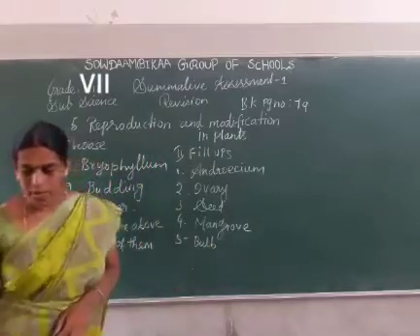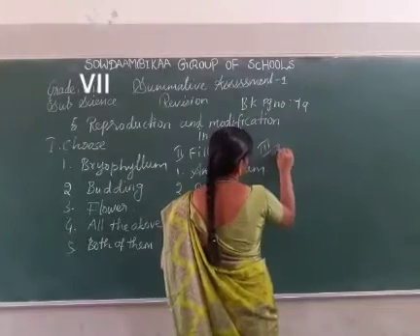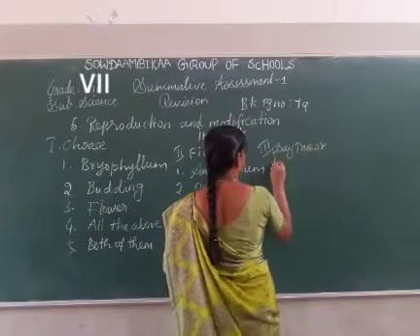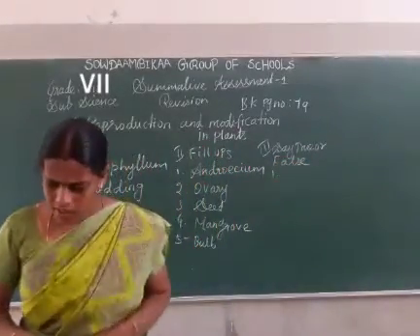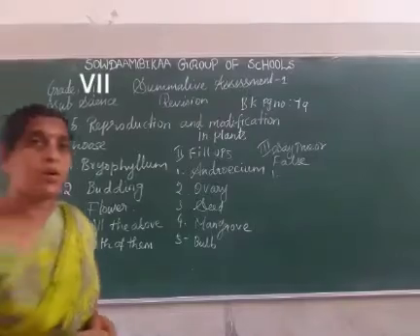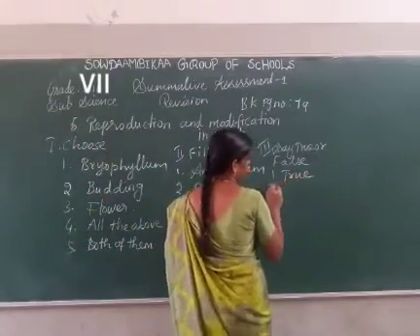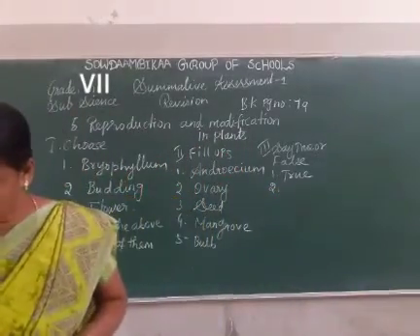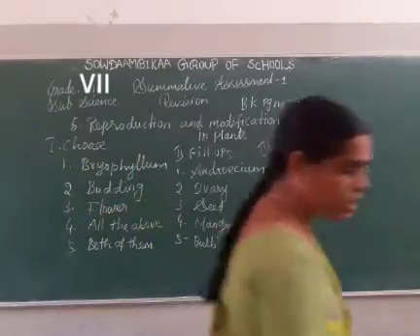Next Roman numeral, say true or false. What is the first question? A complete flower has four whorls. Yes, true. The second question: the transfer of pollen grains to the stigma is known as pollination.